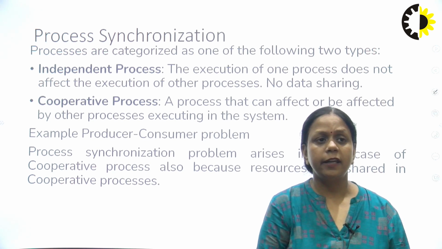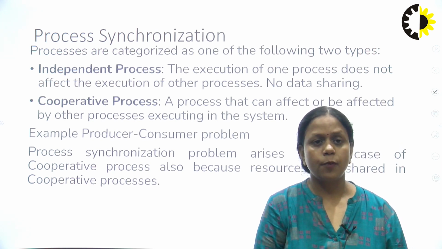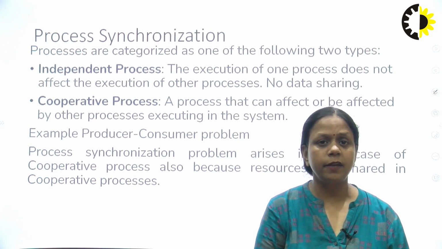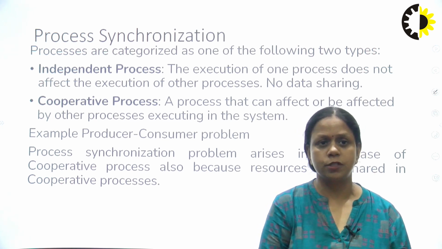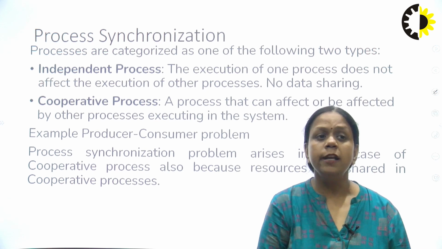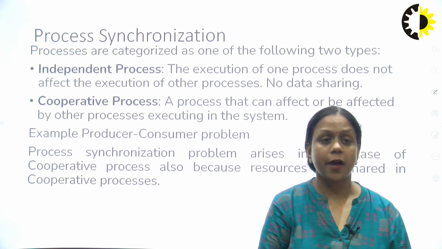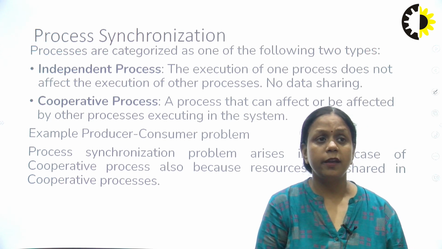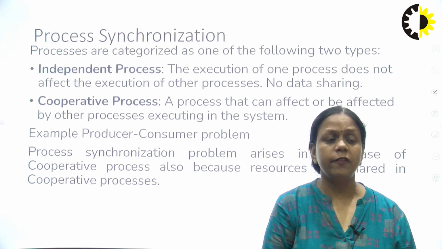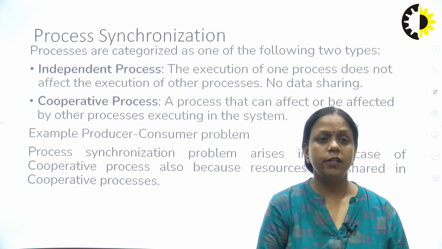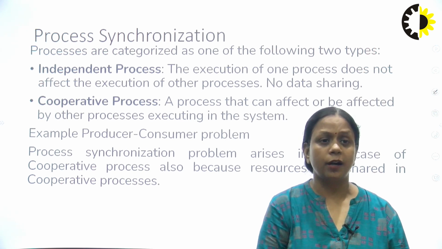Another category is cooperative processes, a process that can affect or be affected by other processes executing in the system, because cooperative processes share data and variables. So there can be different values of the shared data, and it should be executed in a controlled manner.